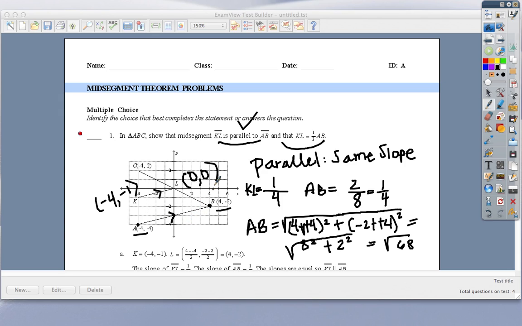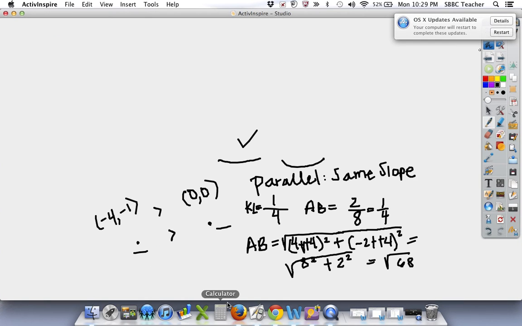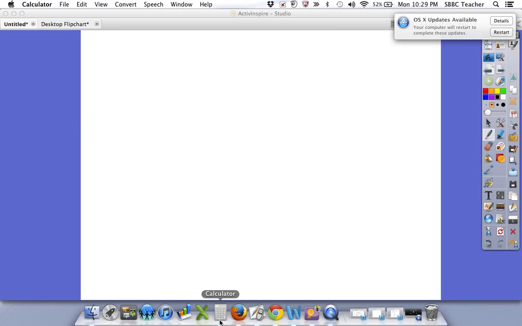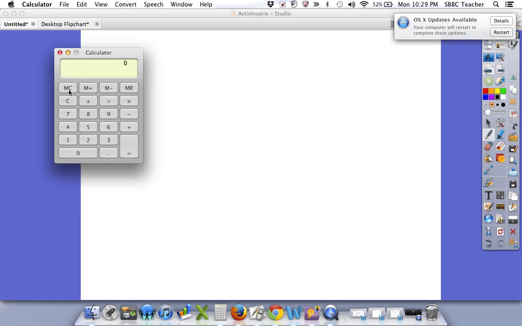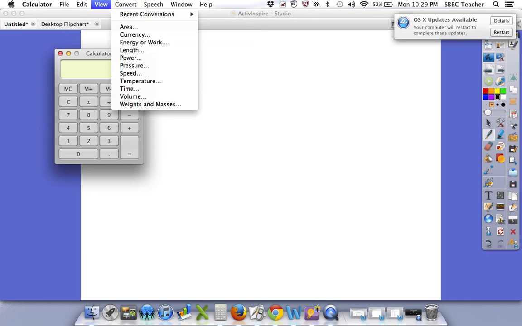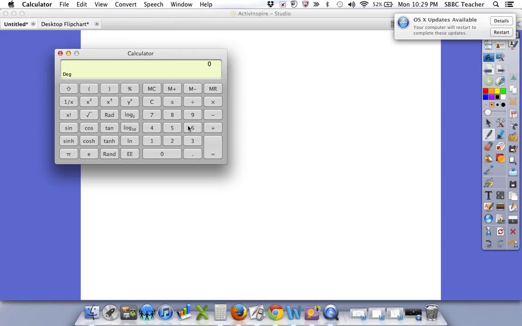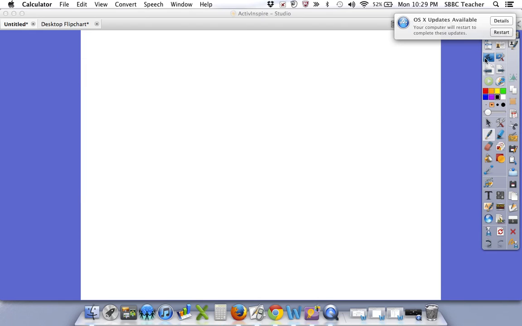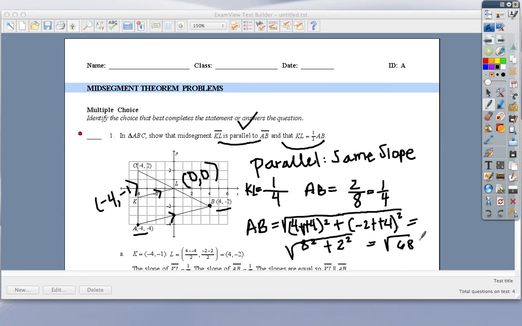You can plug that into your scientific calculator, and you should get approximately 8.2.